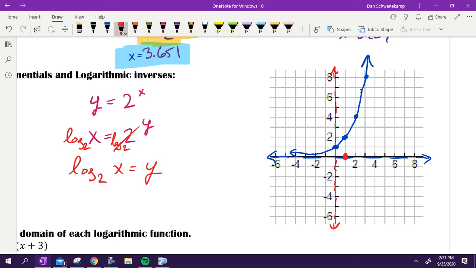It's 1 away from my vertical asymptote. And then as I move up, how many is my next one going to be away? Over 2, and then over 4. Because the base is 2, I'm doubling each time. I was 1 away, then 2 away, then 4, then 8, and so on. Here is my logarithmic graph.